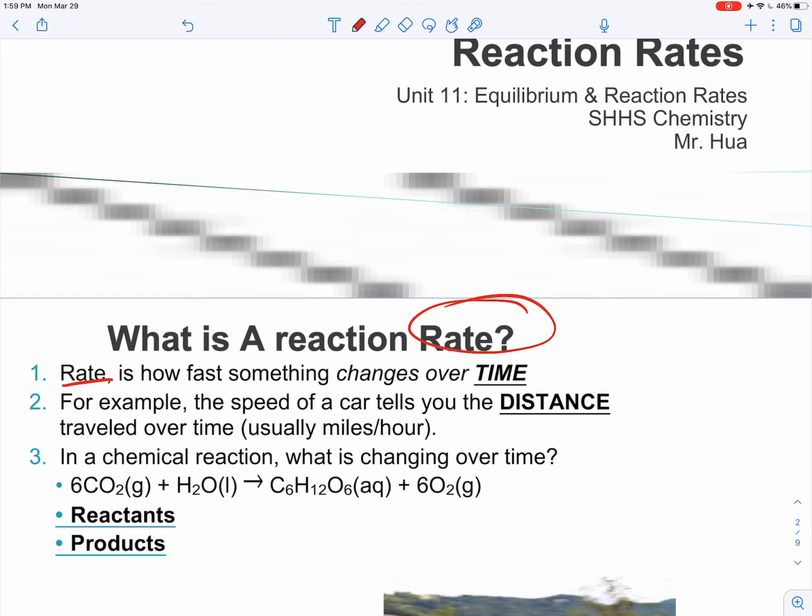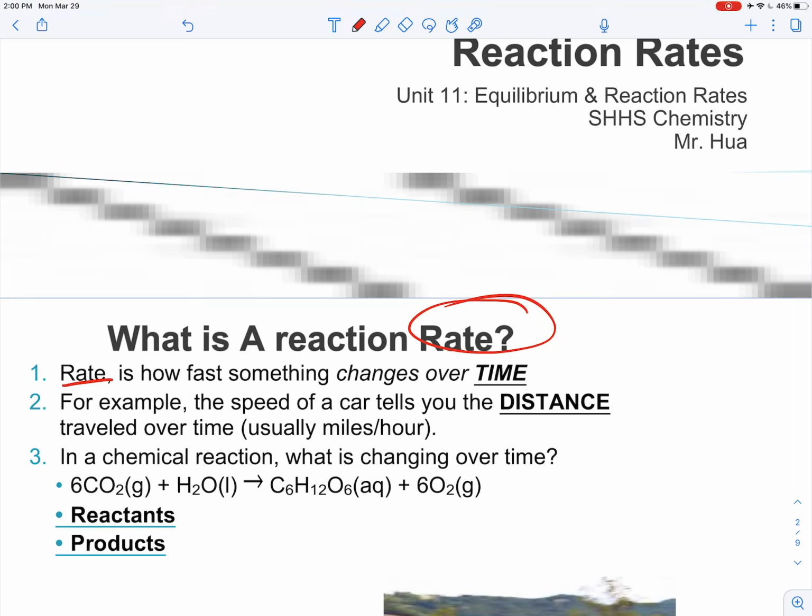So for example, the speed of a car tells you the distance you travel over time, maybe miles per hour. That's distance. You might think of other examples of rate. For example, you might think of the rate at which you complete your homework.